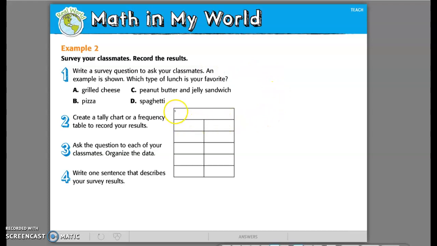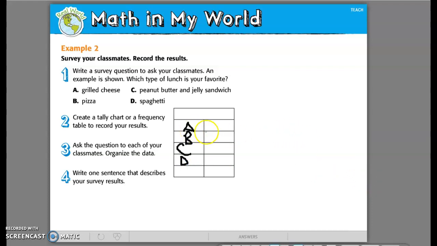And so up here we would write types of lunches. We would write A, which stands for grilled cheese, B, which is if they chose pizza, C, if they choose peanut butter and jelly, and D, if they were to choose spaghetti.